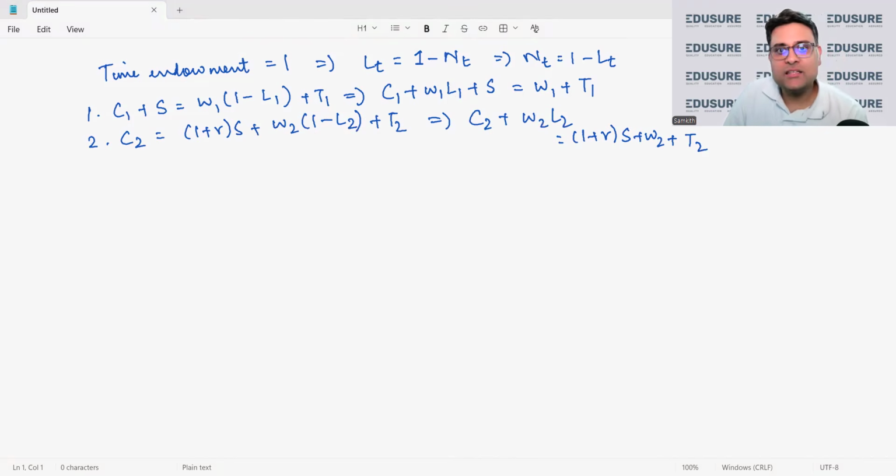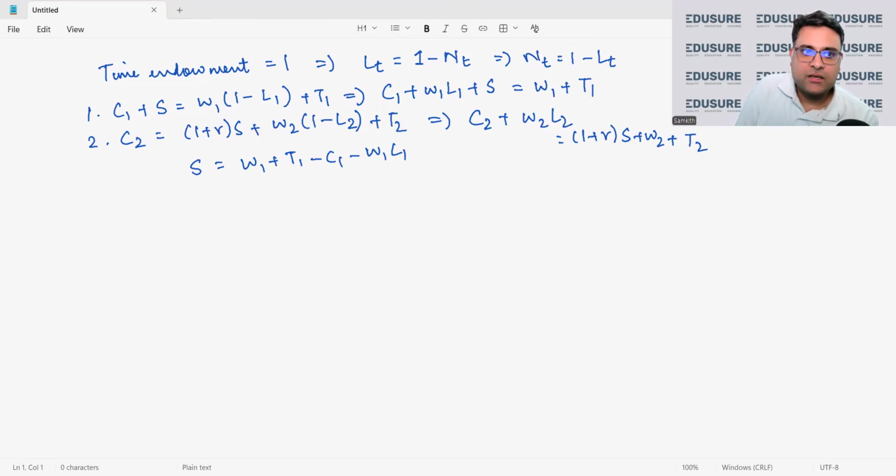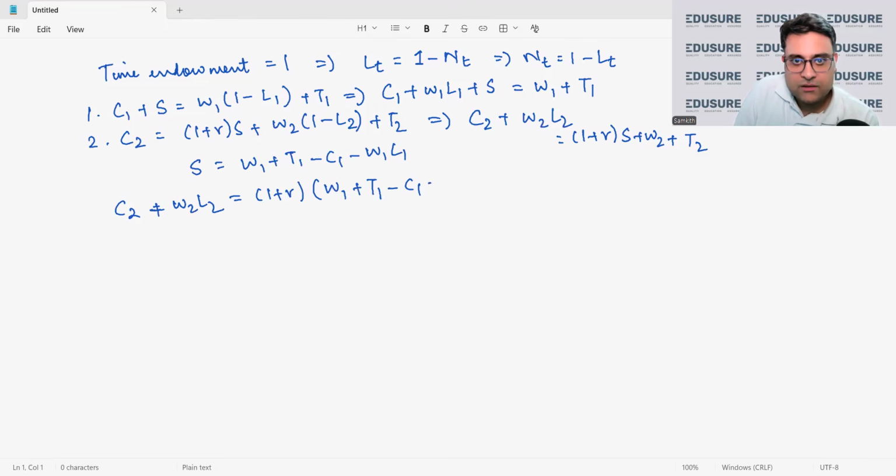Now consolidating these two constraints and isolating S. So S comes out from the first one: S is W1 plus T1 minus C1 minus W1 L1. If I put this in C2 plus W2 L2 is equal to 1 plus R into S, where S is W1 plus T1 minus C1 minus W1 L1, plus W2 plus T2.